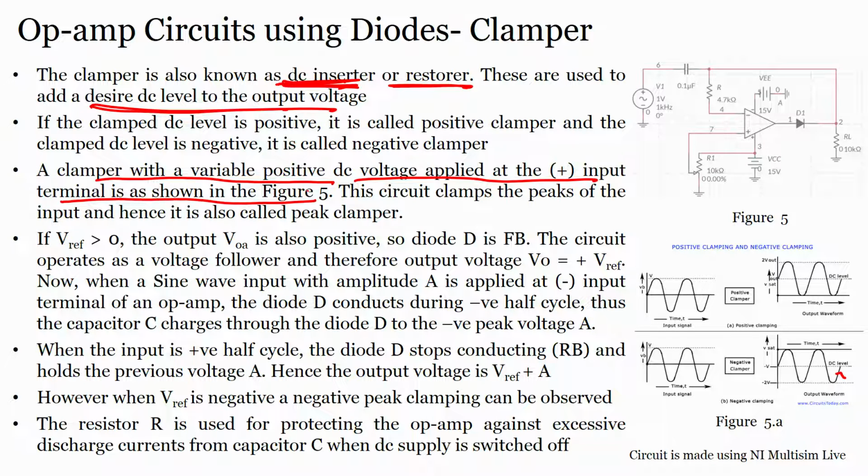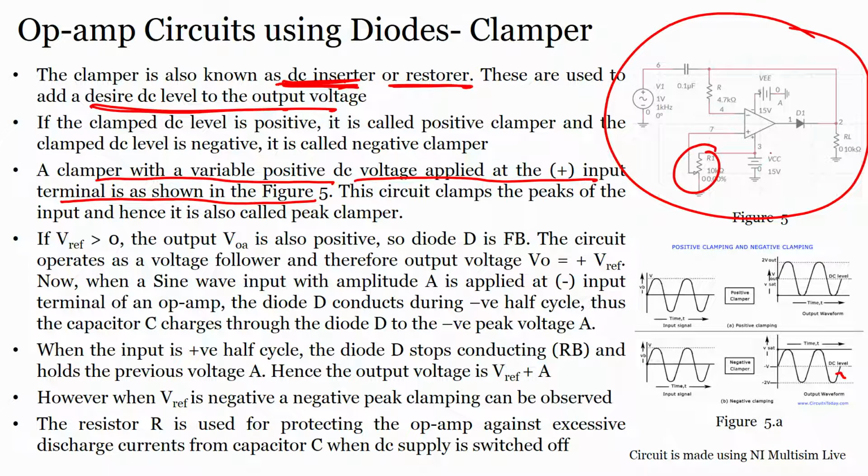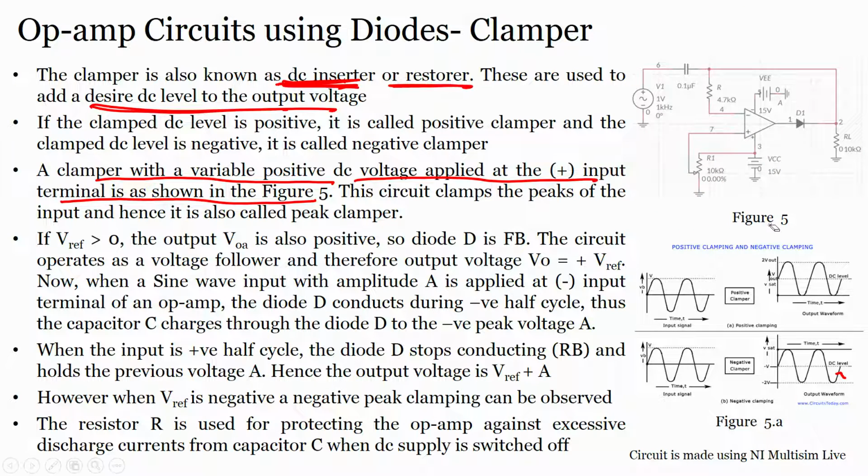It is shown in figure 5. In this figure, the clamper has a variable DC voltage. It is connected to plus VCC, so you can generate a DC voltage and vary it with the help of this potentiometer, and you apply that voltage to the non inverting terminal of the operational amplifier.